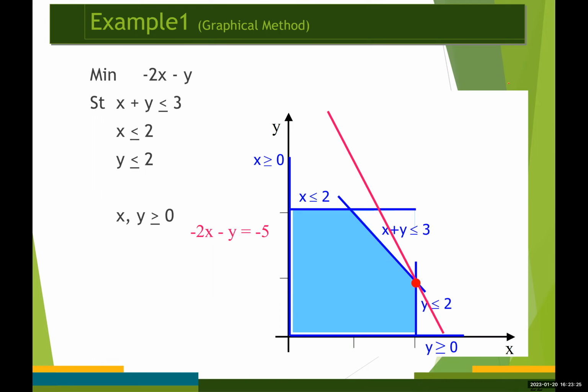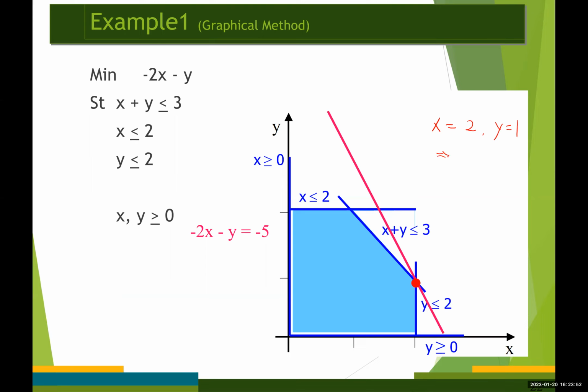So keep in mind that, right? So we may conclude that the optimal solution has been found with x equals 2 and y equals 1, okay?